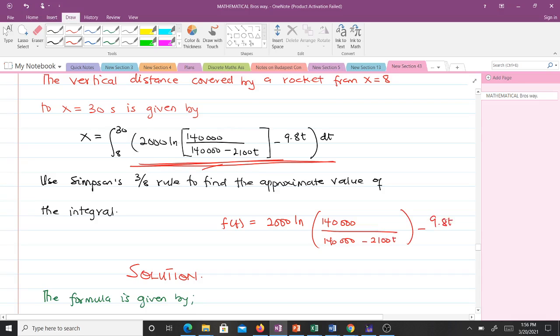So when we get our x0, x1, x2, x3, then we'll put them inside f of t to get the functional values at those points. Then we can put them inside our formula and we evaluate to get our answer.